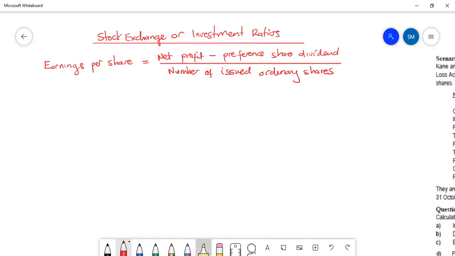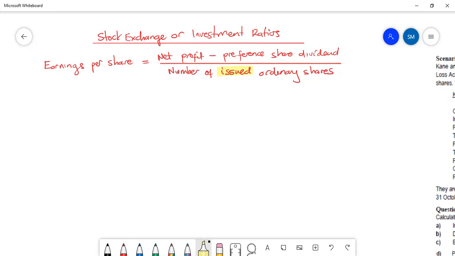Please notice issued ordinary shares, not authorized ordinary shares, those shares that were issued. So you don't use the authorized shares at times that are there in the statement of financial position.